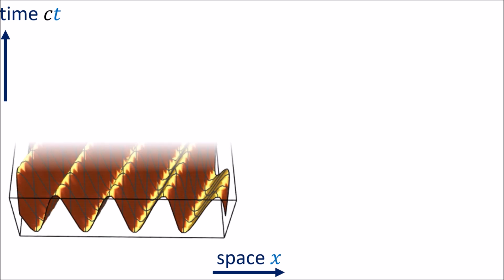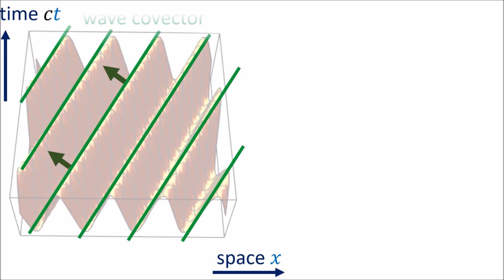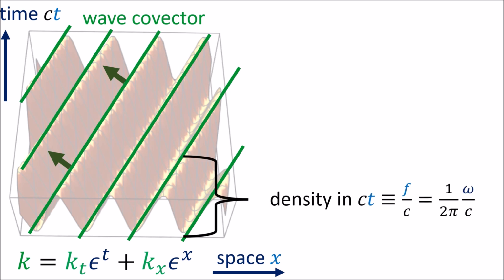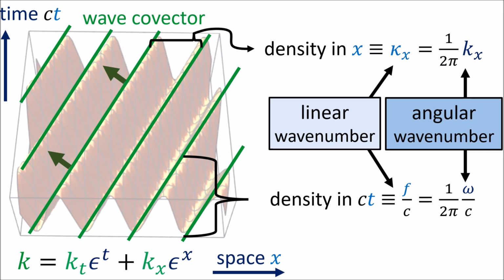Given a plane wave on a space-time diagram, the wave covector k represents a stack of surfaces that line up with the wave's wavefronts. The components of the covector measure the density of the stack surfaces in the space and time directions.